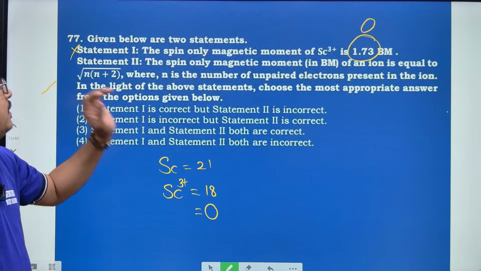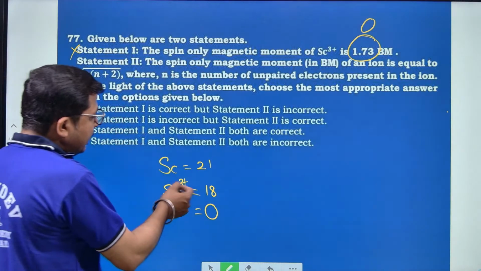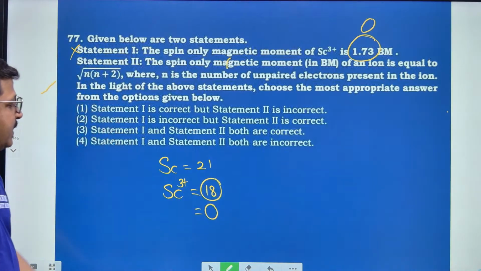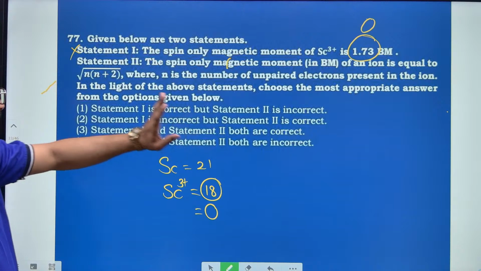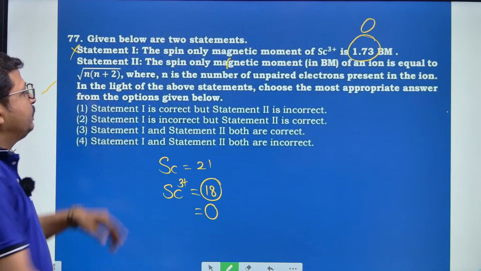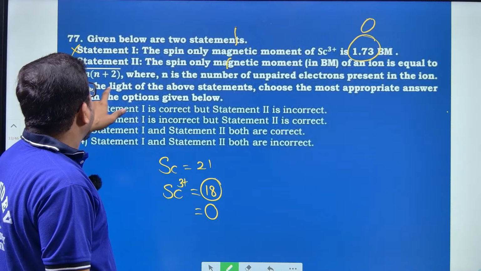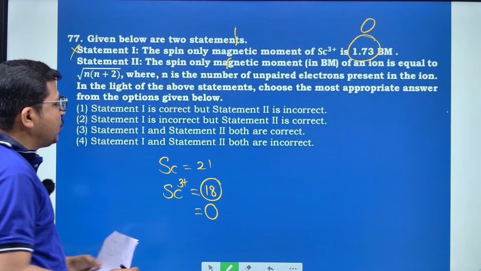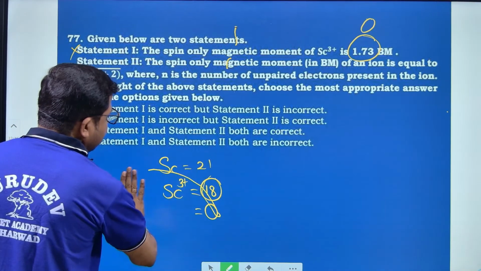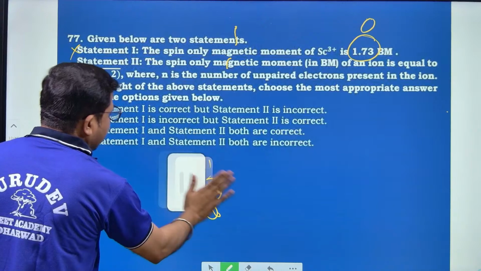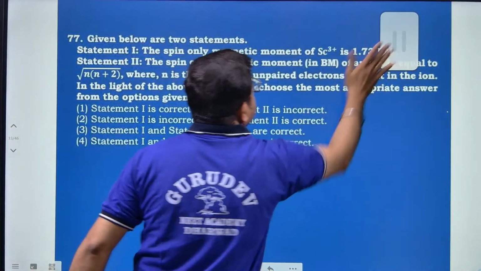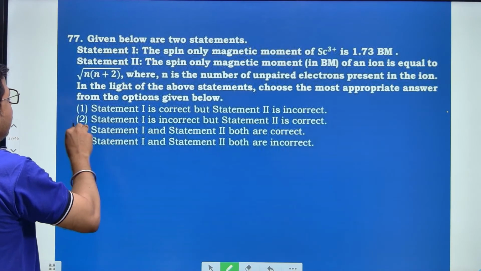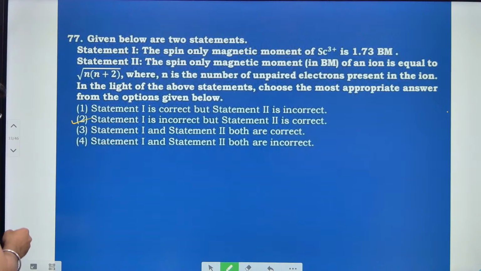But it is wrong because Sc3+ follows the 18 electron system, hence there is no unpaired electron, hence its magnetic moment is 0. And the formula to calculate the magnetic moment is the square root of n(n+2). So the first one is not followed and the second one is followed, hence statement 1 is incorrect and statement 2 is correct, option number 2.